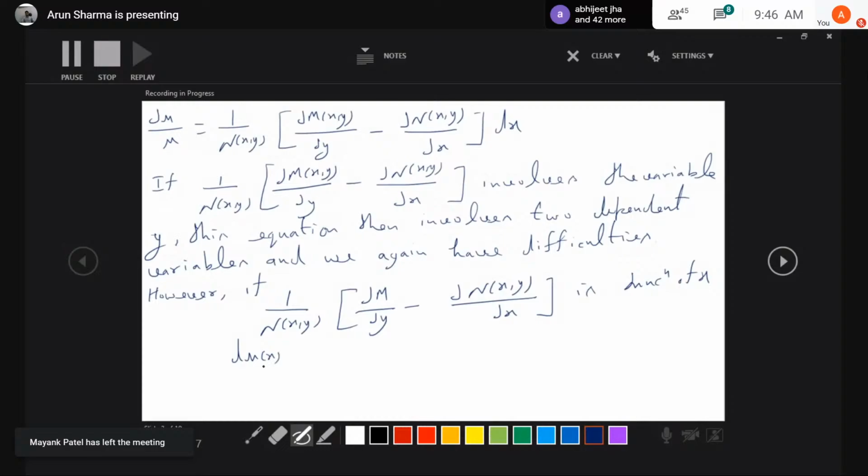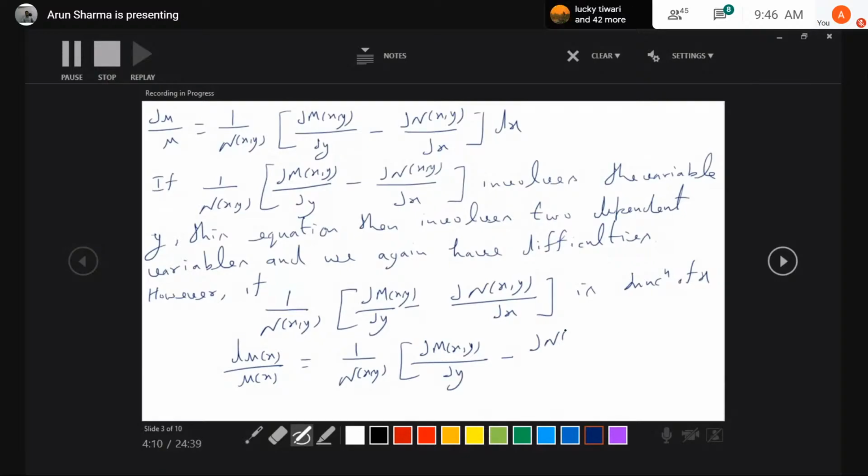So this is d mu(x) upon mu(x) equals to 1 upon N(x,y) times del M(x,y) upon del y minus del N(x,y) upon del x, dx. I'm writing dx now because I'm considering this as a function of x. So now integrate both sides.